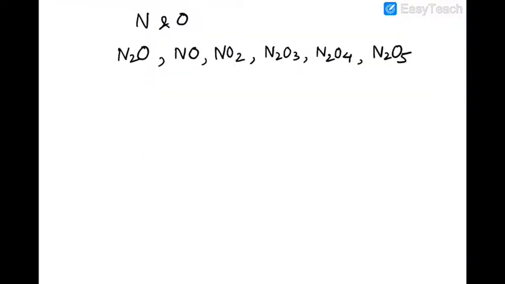The way we name them is a bit different from what we have discussed in the ionic compounds. So for covalent compounds, let me write this first. For covalent compounds, you always have to use the prefix, with no hyphen.